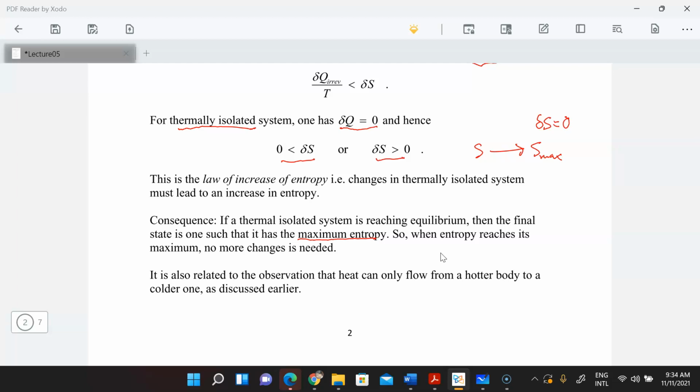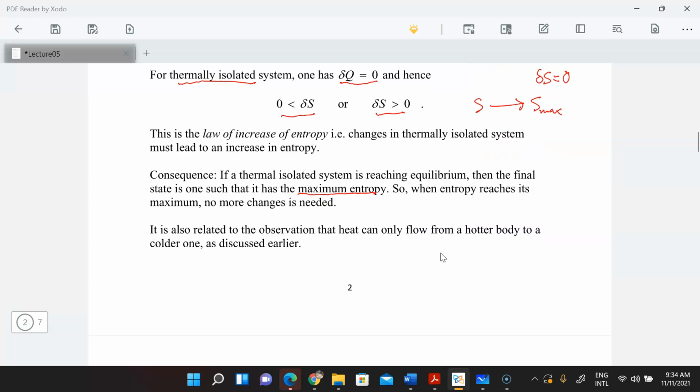So in that way, you don't have any more changes. Essentially, the equilibrium state is a state of maximal entropy for that particular system.